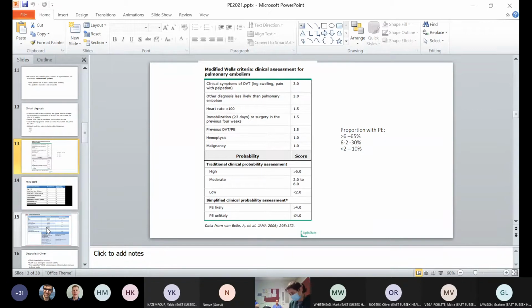So from the practical point of view, to avoid any delays in management, you can do both, but CTPA should be first. You put your Wells score in the request form, and you go speak to the radiologist personally and ask them to do CTPA urgently.